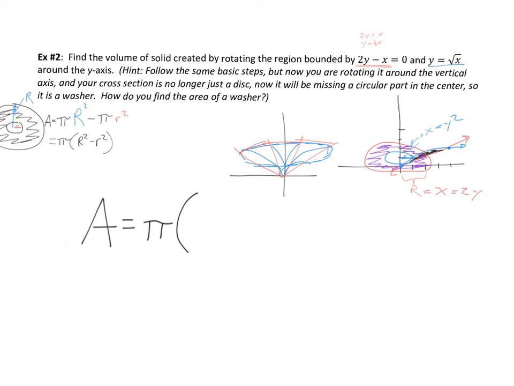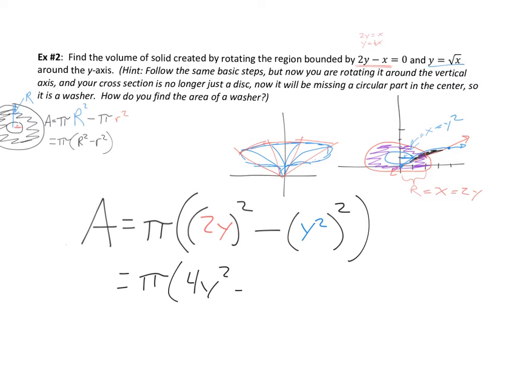Okay, so that's going to be 2y squared, because that's just my big radius squared, minus, what was my small radius squared? Well, my small radius squared in terms of y is just y squared. So y squared and then another squared. Okay, I could simplify this a little bit. I could write it as pi times 4y squared minus y to the fourth.